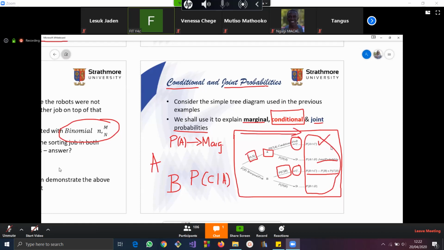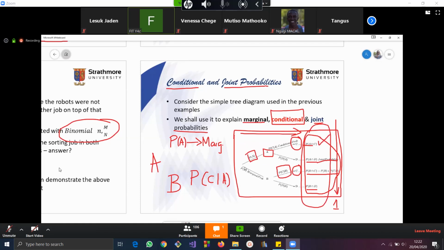But if I was to get the total distribution, I will add. So if I add this plus this plus this plus this, I must get a 1, okay? In other words, I like explaining the whole of probability just by this diagram. So what we have here is a distribution.